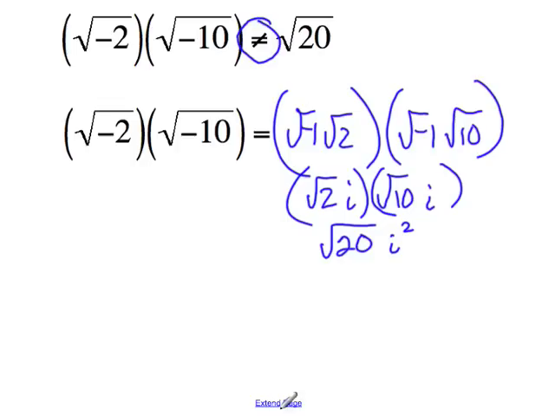So at this point the i squared becomes negative 1, and just to be clean I would write that at the first. So it'd be negative 1 times the square root of 20, or negative root 20. So notice the difference there. A key thing is make sure you change them into i form first and then proceed with multiplication.